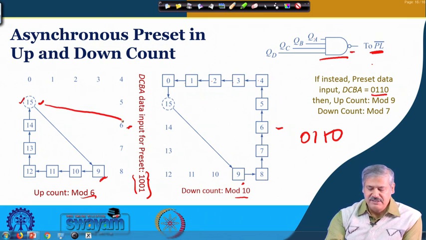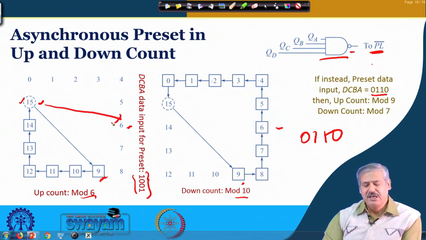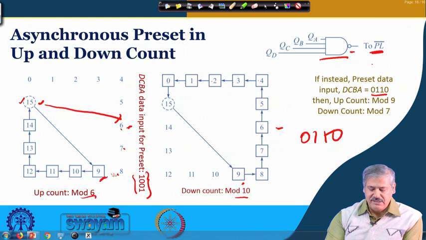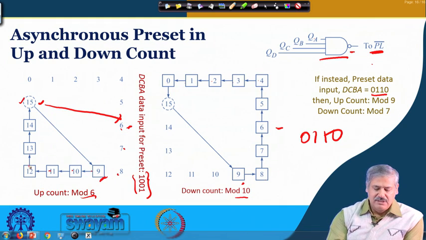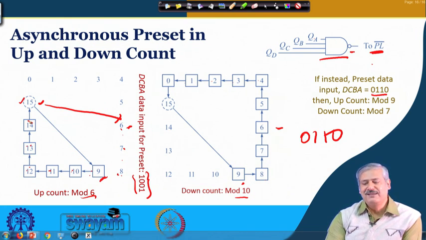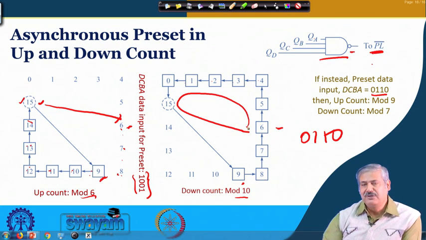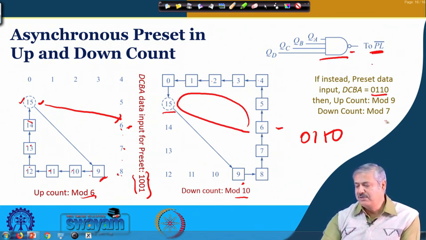So, from 15, it is coming over here. Okay. So, 6, 7, 8, 9, 10, 11, 12, 13, 14, 15 and 6 together. So, 1, 2, 3, 4, 5, 6, 7, 8, 9. Okay. So, mod 9 count will be there. And similarly, in the down direction, it will go the other way and again it will get loaded, 15 and 6 together, and it will give you mod 7. Okay, 7 unique states. So, this is the way with variable preset you can have different kinds of modulo counts.